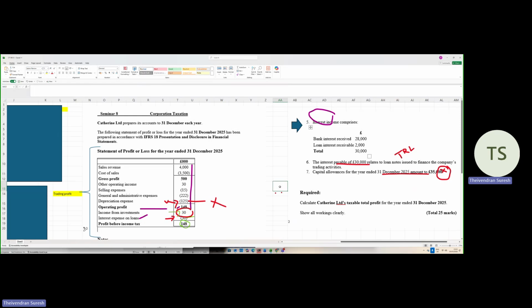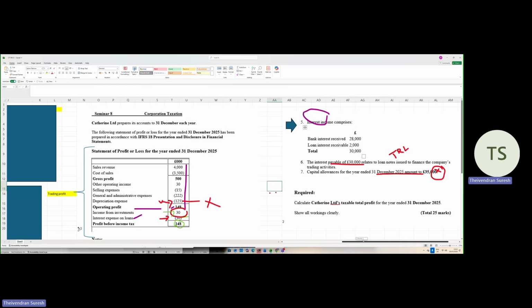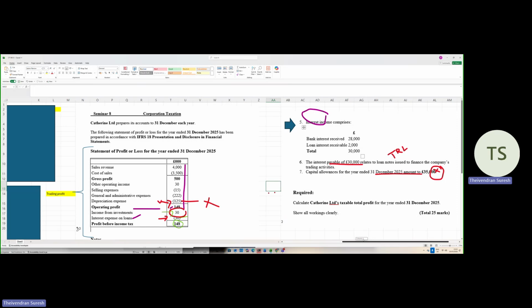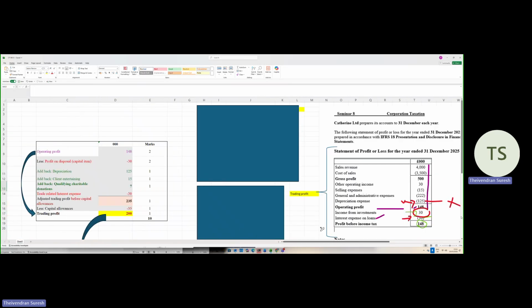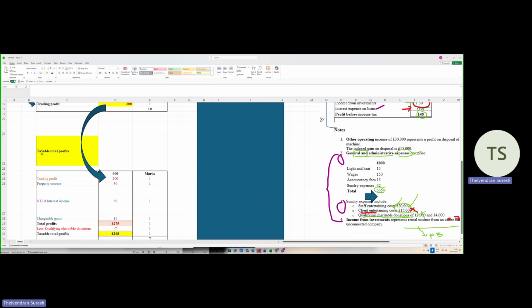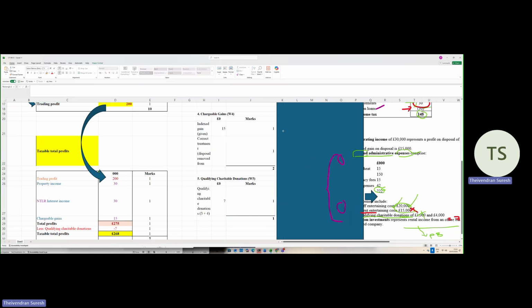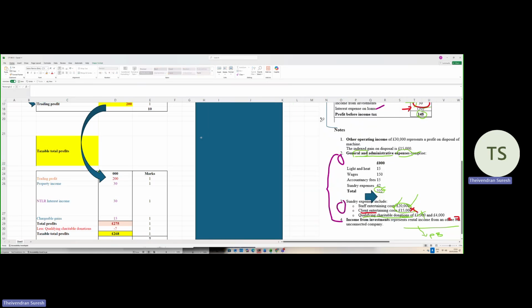It has not been recorded in the profit and loss account, but we would consider accrual. It needs to appear, so we would record it under non-trade loan relationship income. I hope that's clear. The question asks us to calculate the taxable total profit, so you can show the workings written one by one. Thank you.